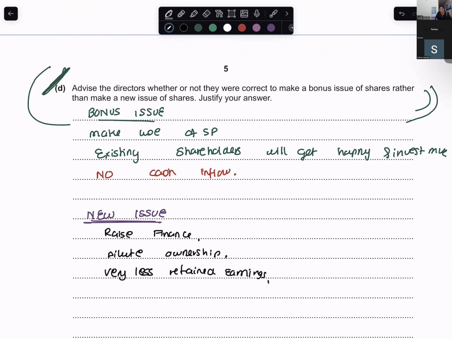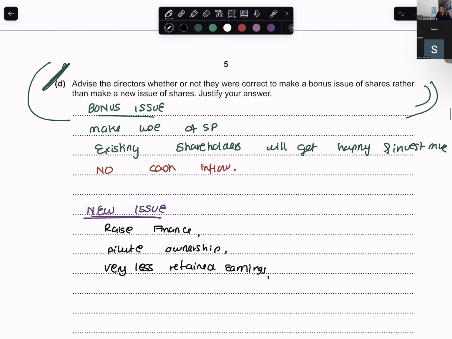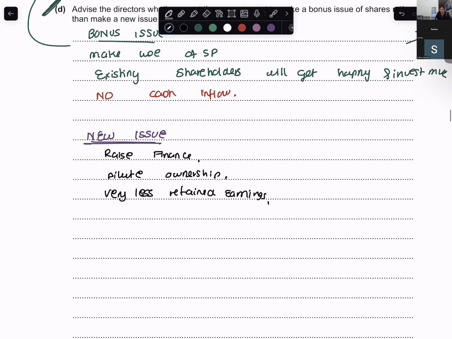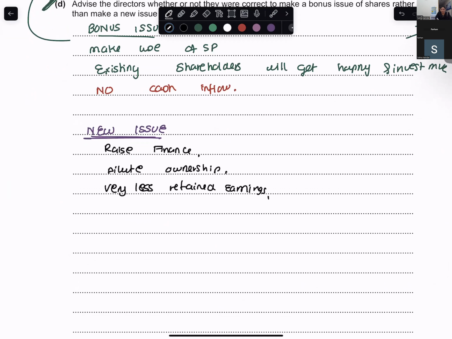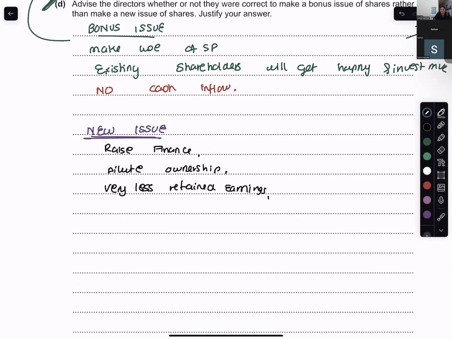So advise whether they were correct to make the bonus issue or not. If the directors' intention was to make more profit, a new issue would be the better option, with more inflow. However, the ownership would be diluted.